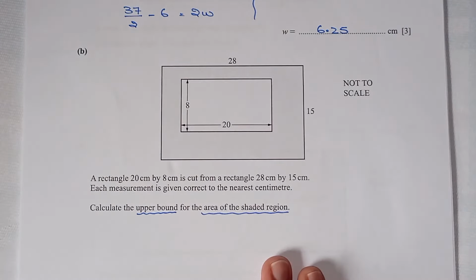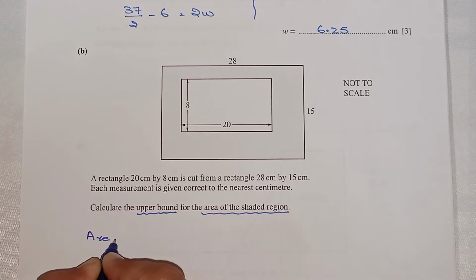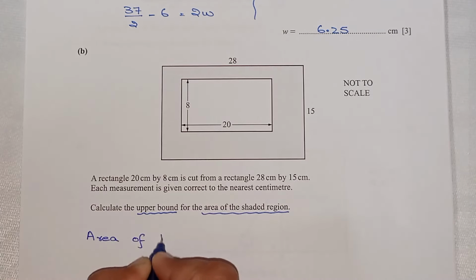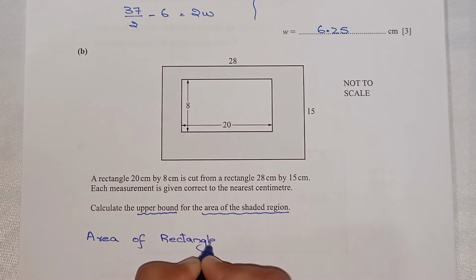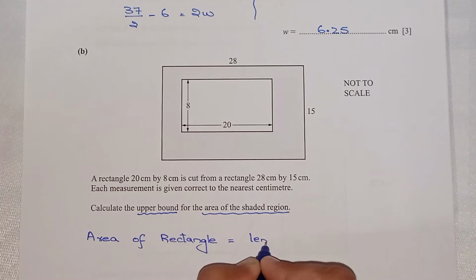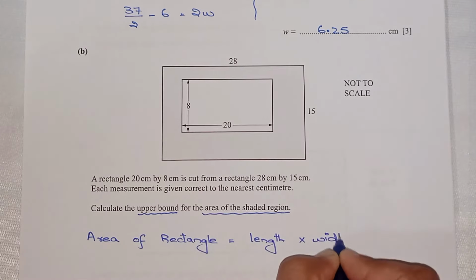But here we need to work out the upper bound. The area of a rectangle is length times width. This is the formula for the area of a rectangle.